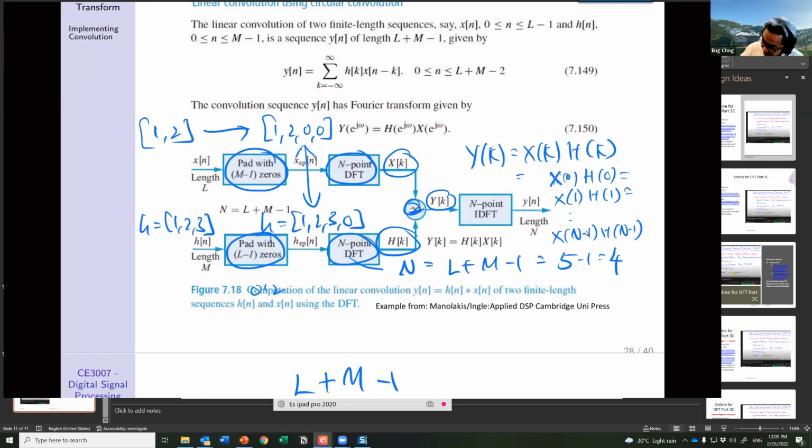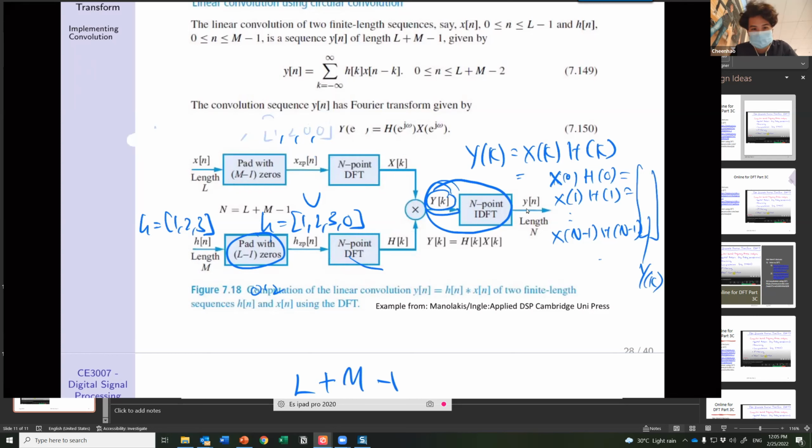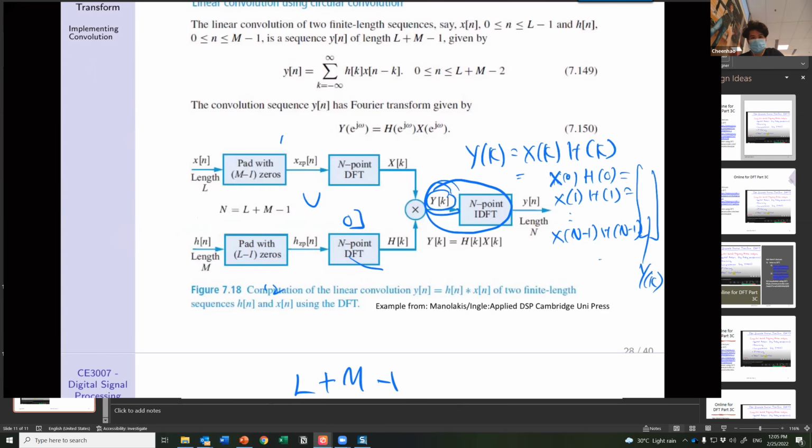So you have a vector of N elements for Y. So this Y[k] can then be transformed using the N-point inverse DFT to get y[n]. Is this clear? Yes, thank you. Pause now.